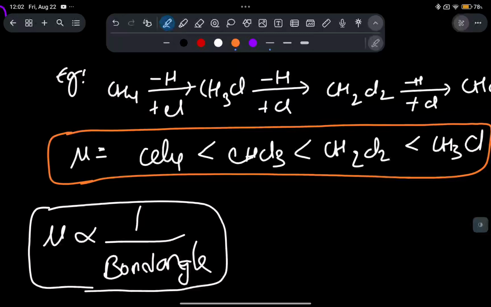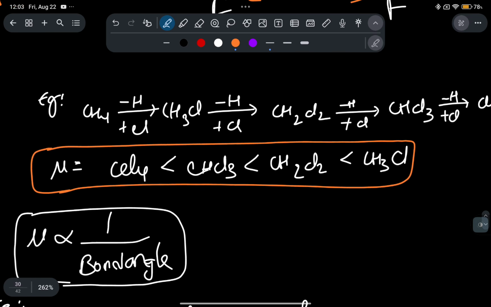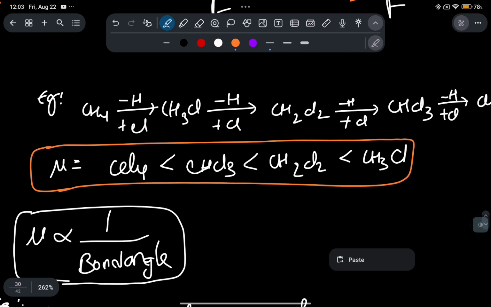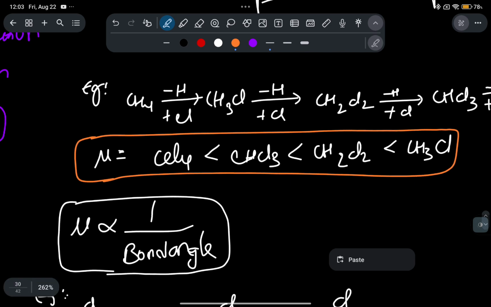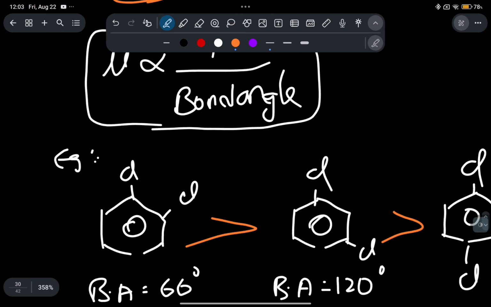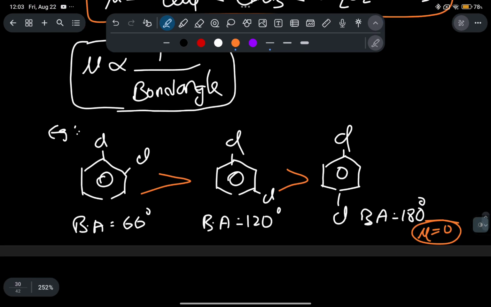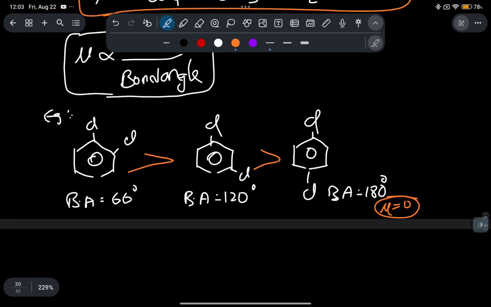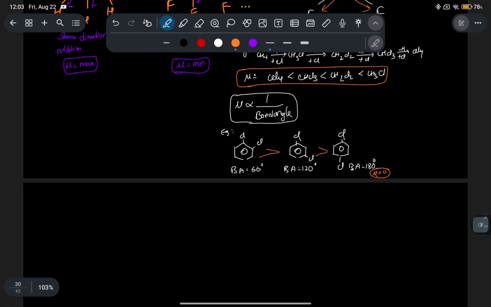CH3Cl has only a single chlorine, so when compared to CCl4, one direction is opposite but the other directions are positive, so it has more dipole moment. Dipole moment is also inversely proportional to bond angle. Here you see three directions with opposite charges.